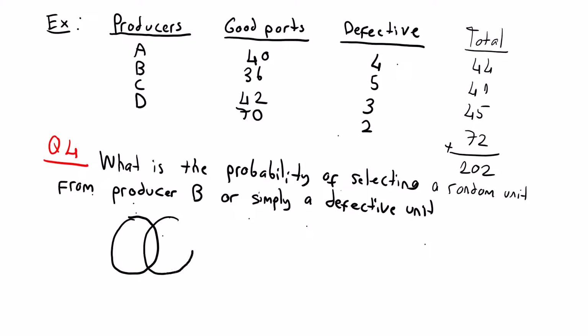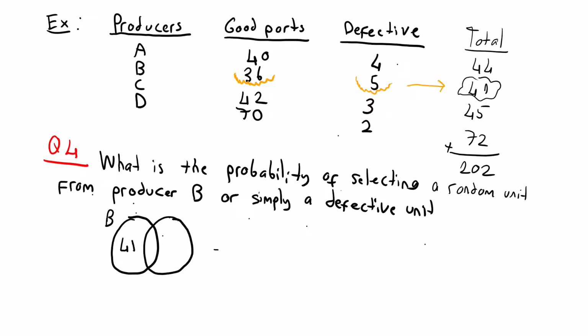The number of products from producer B is 41, because we are only looking for a random unit from producer B. That 41 includes 36 good parts from producer B and 5 defective units from producer B, so that makes it 41.